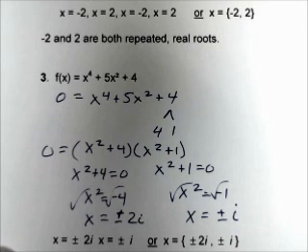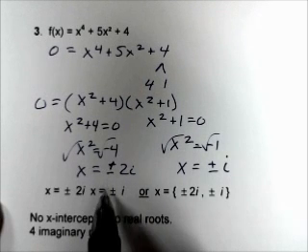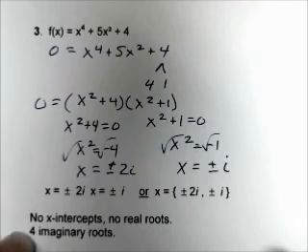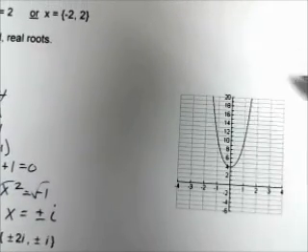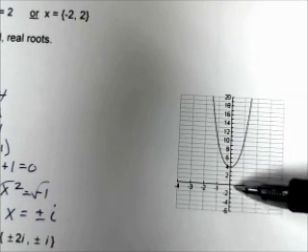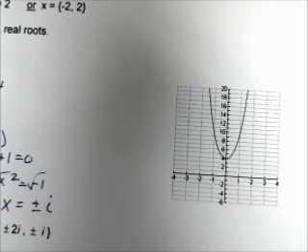That's i. So our roots here are imaginary. There are no real roots. We have x equals plus or minus 2i and x equals plus or minus i. And the graph is shown for us, and you see that our graph does not intersect the x-axis, so it has no real roots.